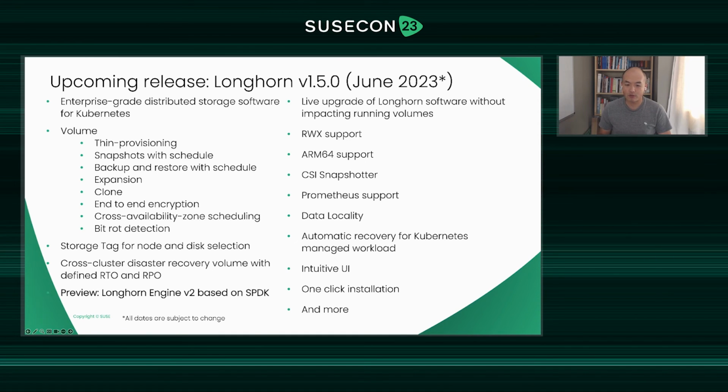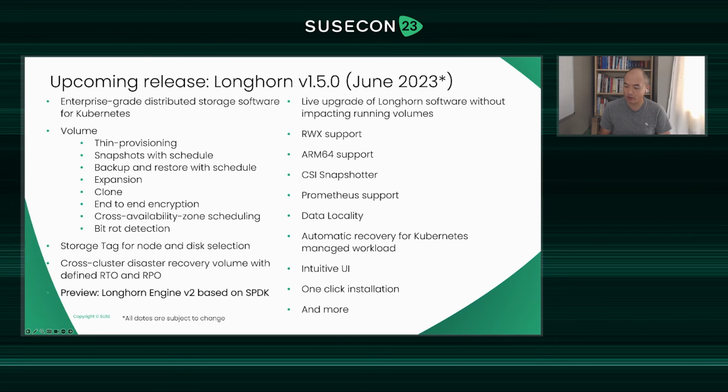We also support cross-cluster disaster recovery volume with defined RTO and RPO. That's what I mentioned in the last slide. And live upgrade, sure. RWX support and ARM64 are both GA right now. And we have supported the extra CSI protocol for the snapshotter. And Longhorn has added Prometheus support to provide metrics to Prometheus and to collect and see how the storage layer is doing.